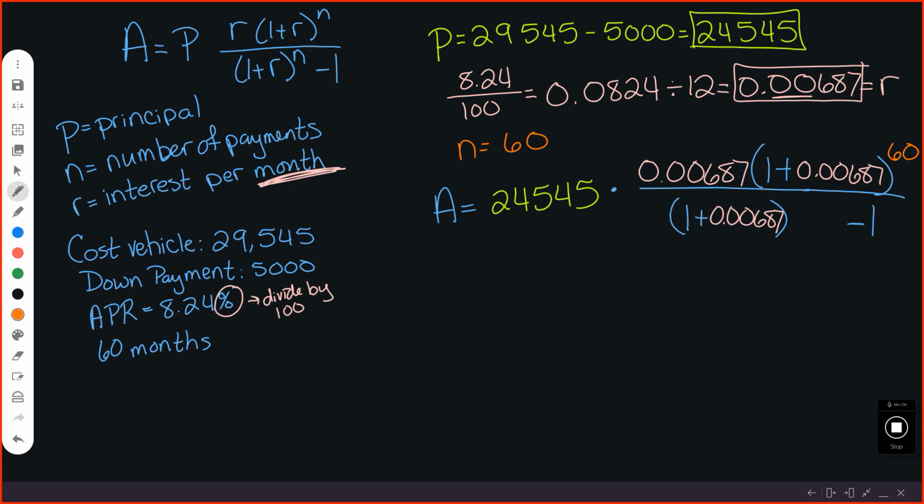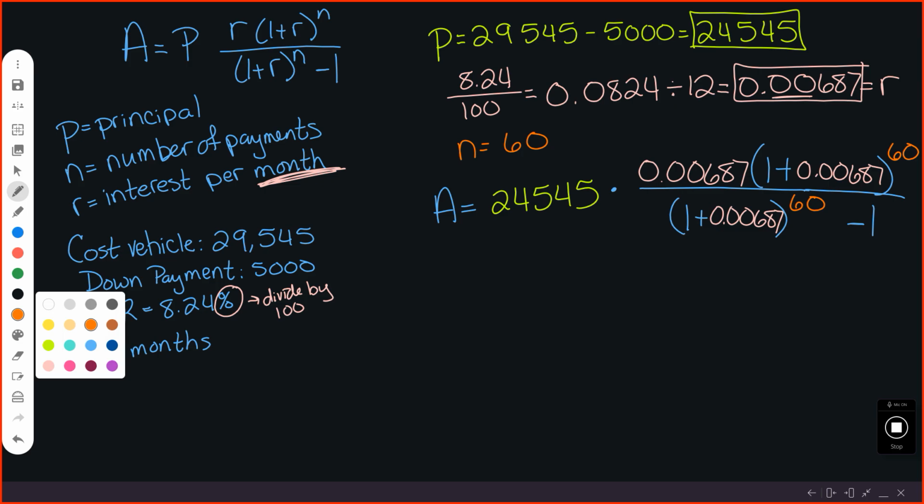So this is again 0.00687 to the 60. Okay, so when you're putting this into the calculator, anytime you're putting fractions in the calculator, I highly recommend you put parentheses around the whole top and around the whole bottom.